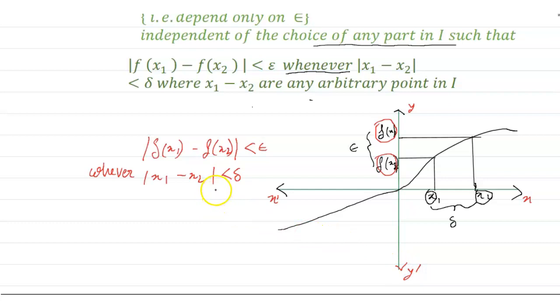So friends, this is the x-axis, this is the x' axis, this is the y-axis and this is the y' axis. So friends, these are the conditions.